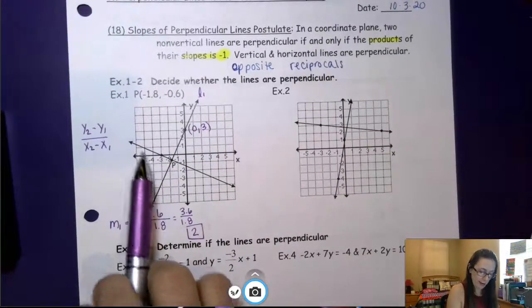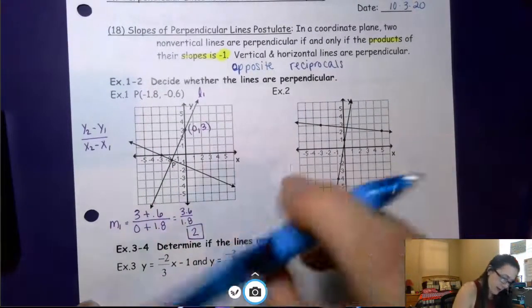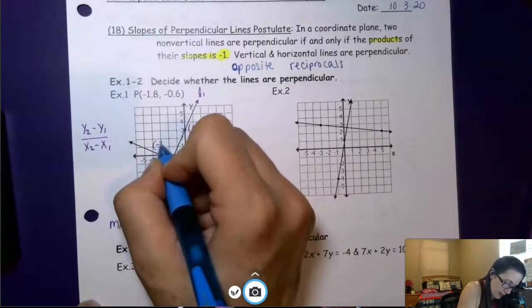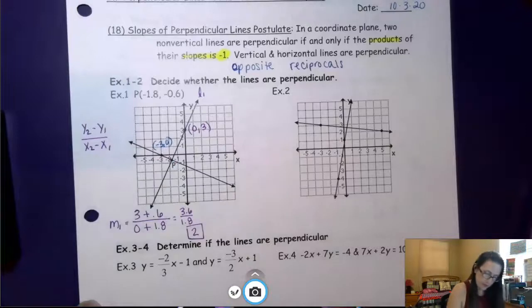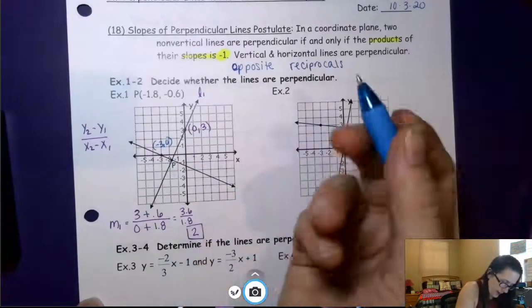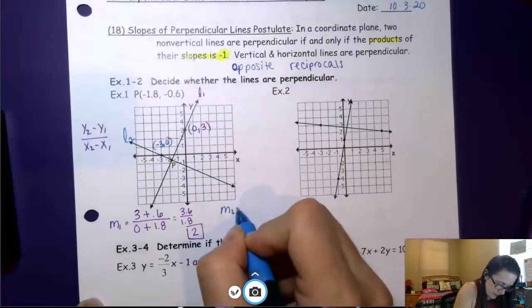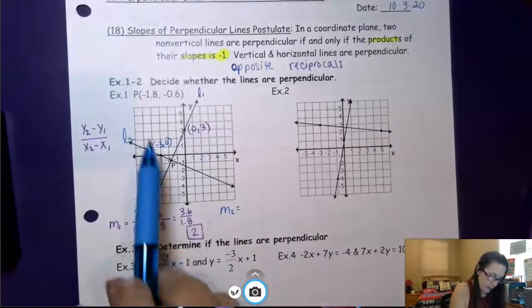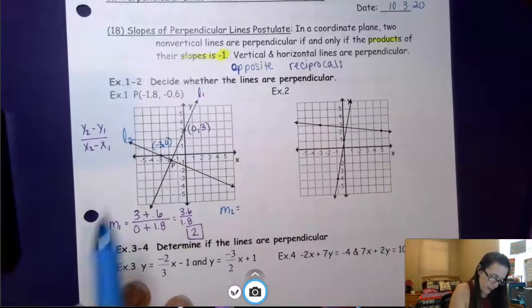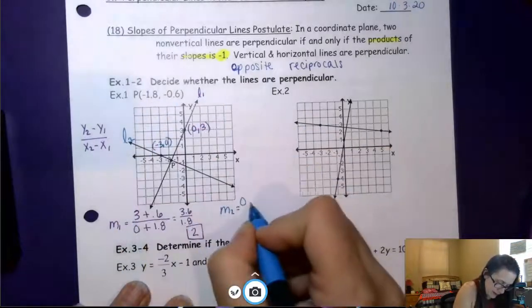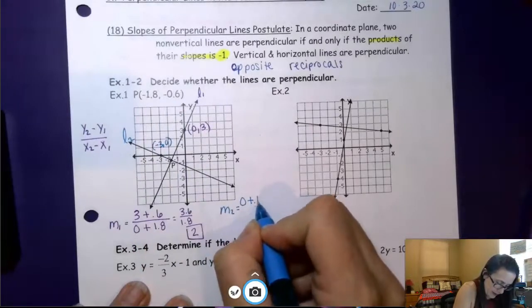Now I need to calculate the slope of the second line. So the second line here, this point that I know for sure is going to be (-3, 0). So when I go and calculate the slope of line 2, I'm going to start with the 0 minus -0.6, so plus.